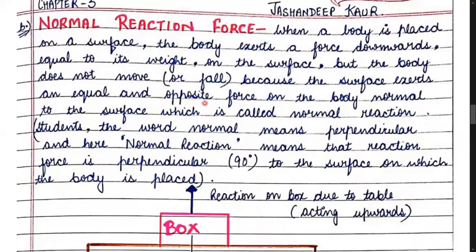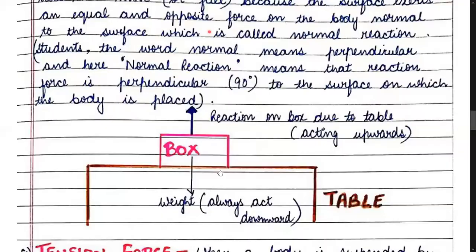That is normal reaction force. Children, when a body is placed on a surface, the body exerts a force downwards, which is also known as the weight of the body. So when you place a box or a book on a table, the weight of the body is exerted on the surface in this direction.